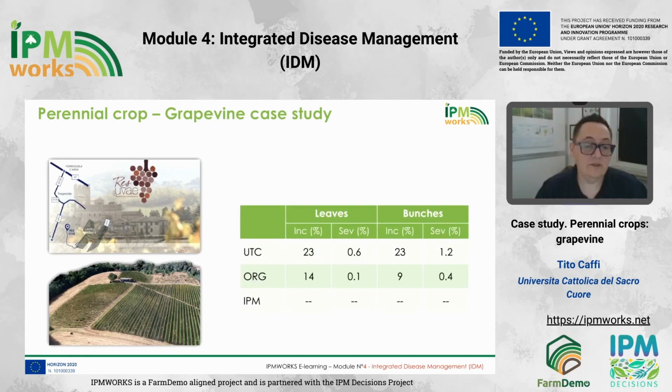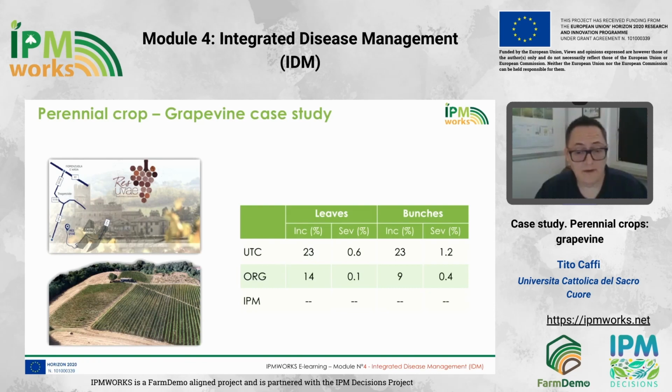And the result was quite good. This season is 2019, and we have an untreated control with, let's say, average incidence of downy mildew on leaves and bunches, with no particular big attack on bunches.